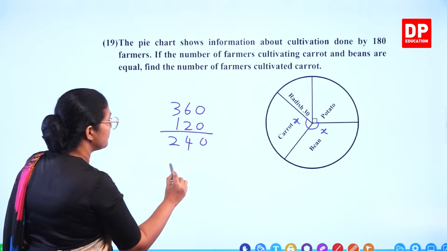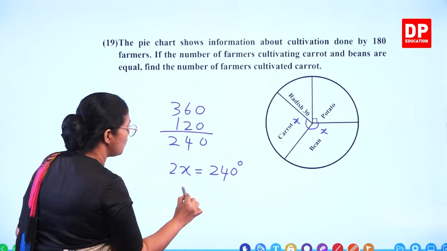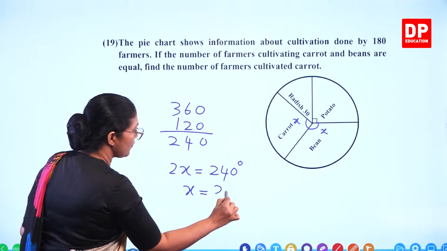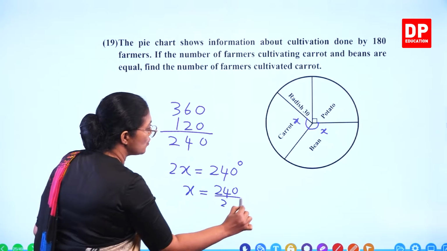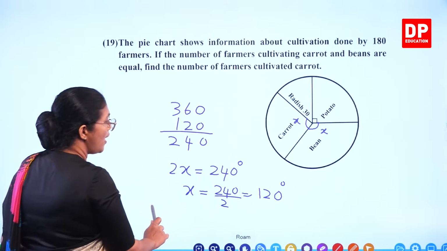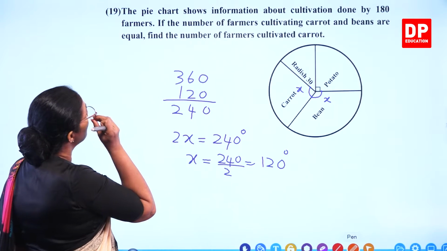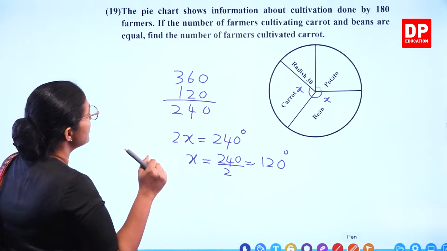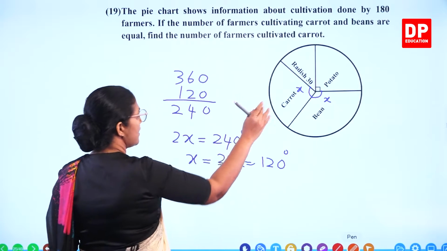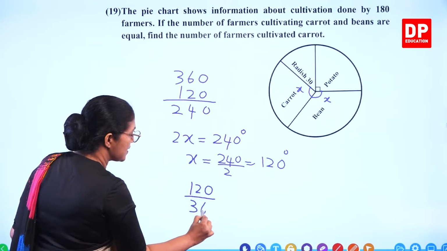That's 2x. 2x is 240. What's the angle for x? 240 divided by 2, you get 120. So we can find how many farmers are there cultivating carrot. That's x angle. That's 120 out of 360.